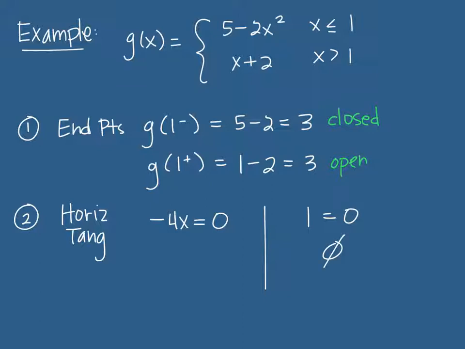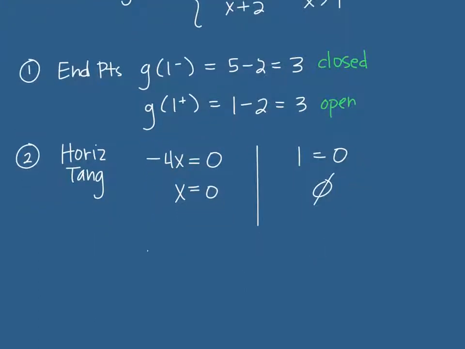So the bottom piece doesn't have any horizontal tangents, which would make sense because it's a line, and lines don't have horizontal tangents. But the top piece was a parabola, and it will have a horizontal tangent at 0. So now I need to check what g of 0 is. G of 0 is 5 minus 2 times 0 squared, or 5.